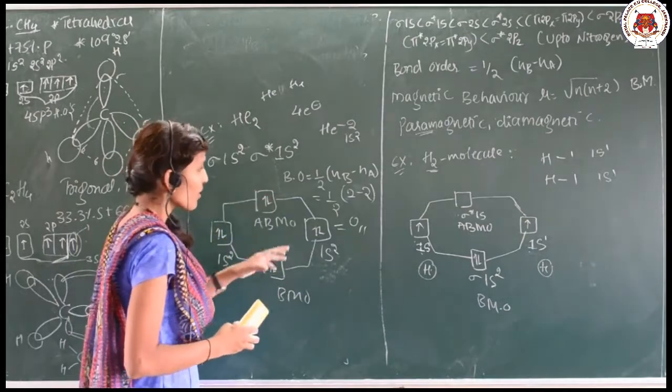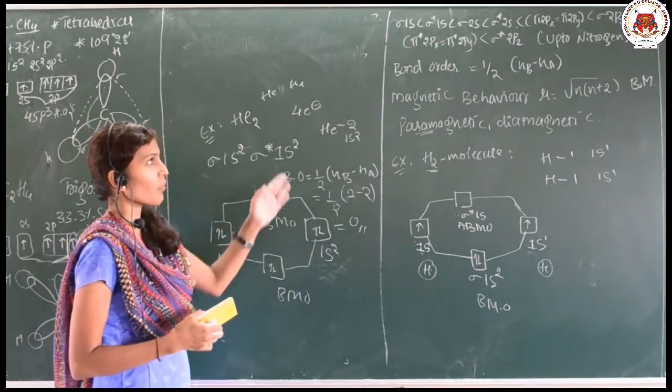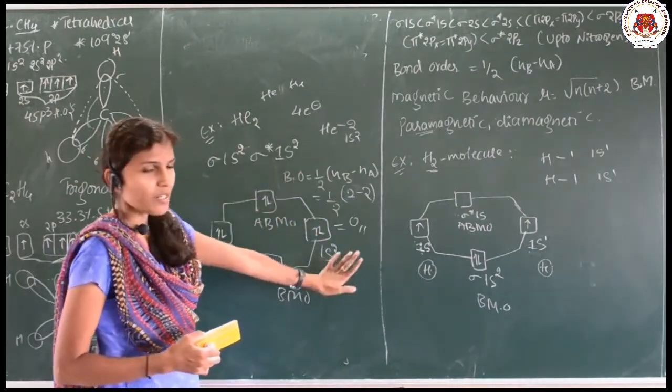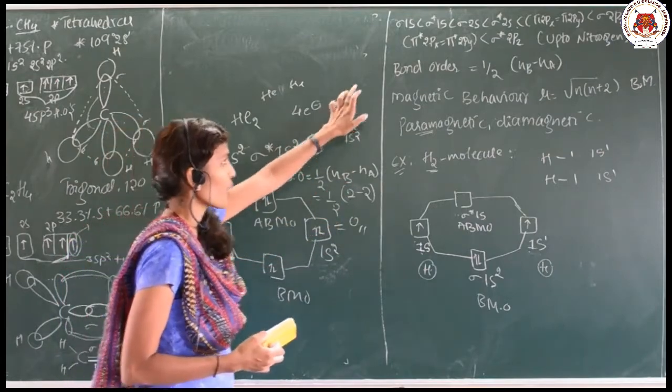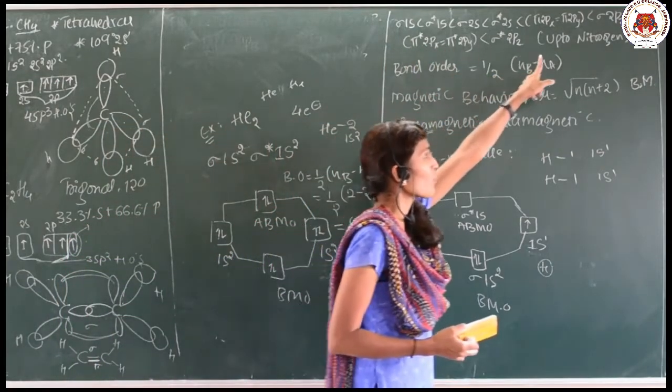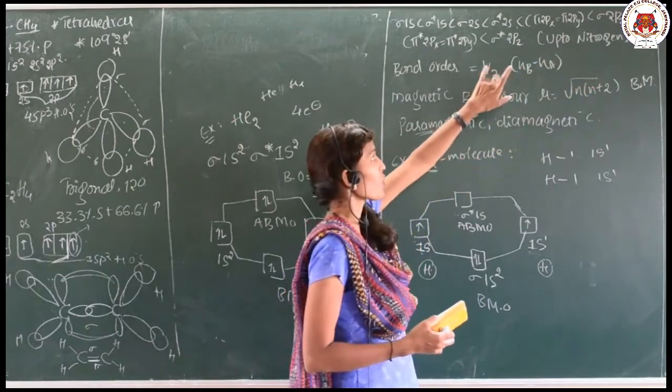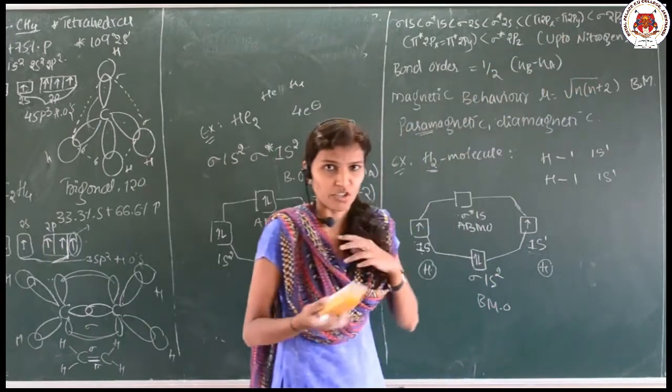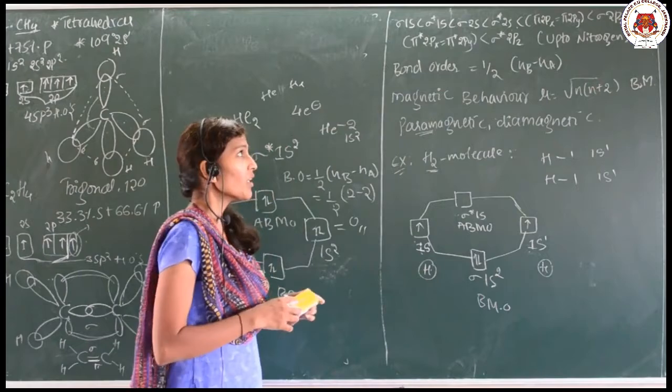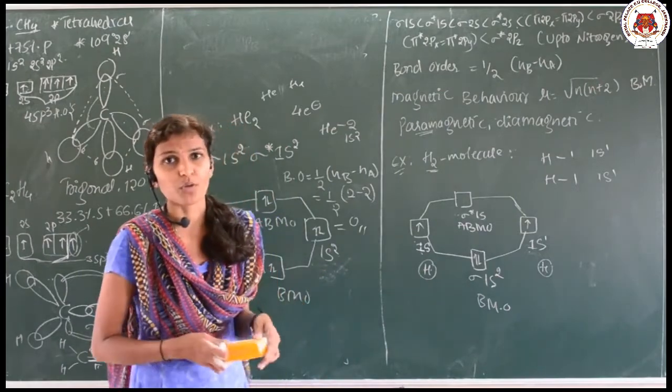Similarly, for higher molecules you can write the molecular orbital diagram and molecular orbital configuration using this series, and up to nitrogen it is applicable. After nitrogen, the order changes slightly, only one term is changed. And one more thing, the last bit of the topic, that is hydrogen bond.